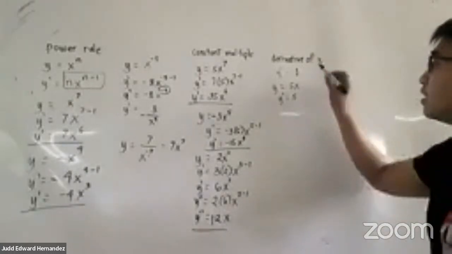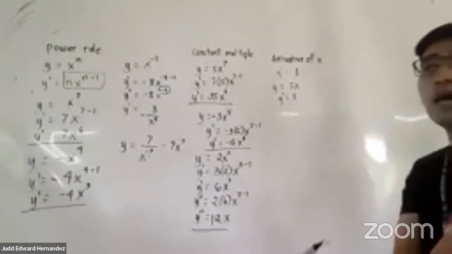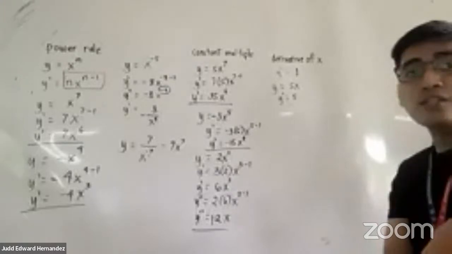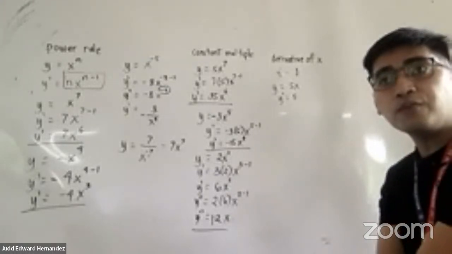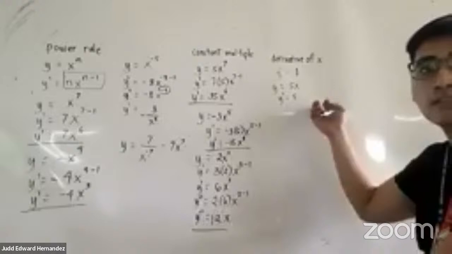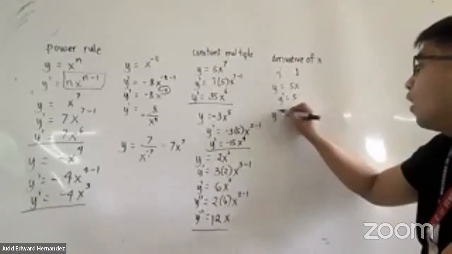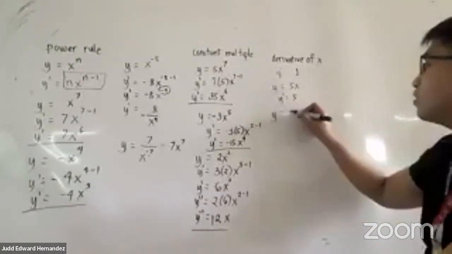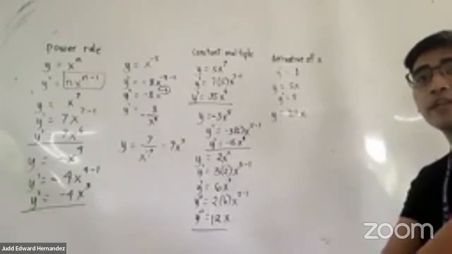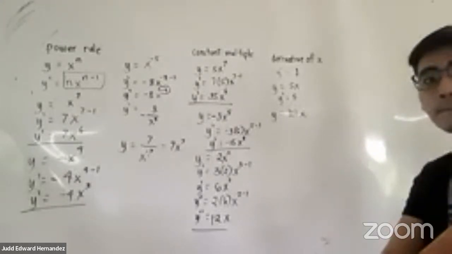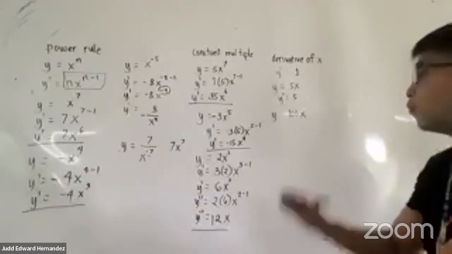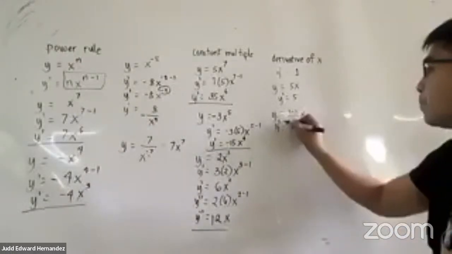Tatandaan nyo palagi, the derivative of x with respect to x is just 1. Okay? Are we clear? Okay. Y is equal to 100x. What is the derivative of y is equal to 100x? 100 po. 100. Therefore, y prime is equal to 100.